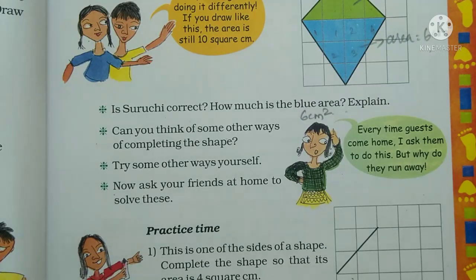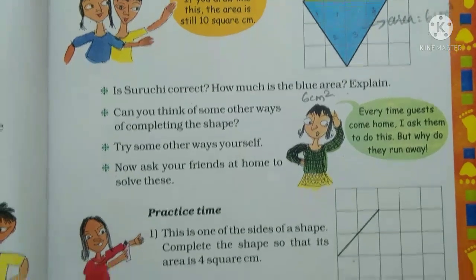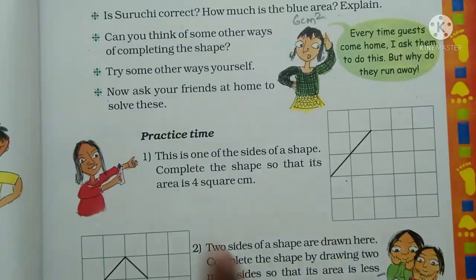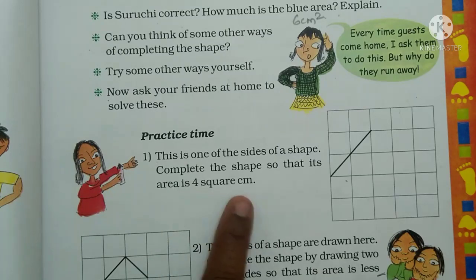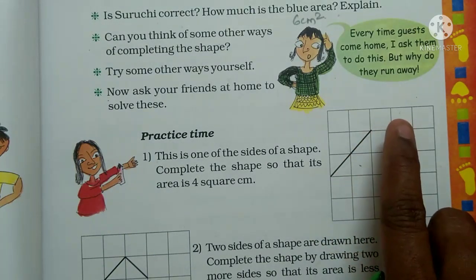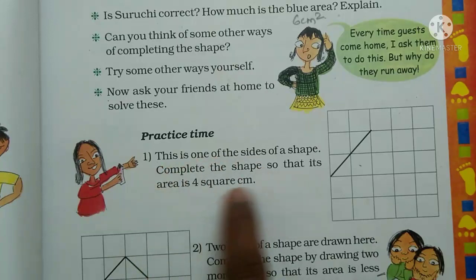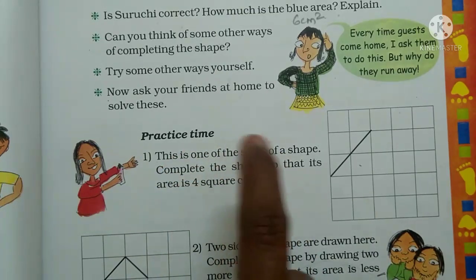Then move to the next section, the practice time question. This is one side of the shape. Complete the shape so that its area is 4 square centimeter. We need to find the remaining sides. One side is given, but the area becomes 4 square centimeter.